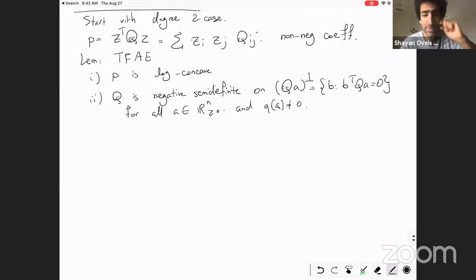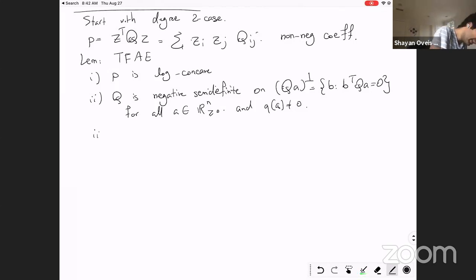So what does this mean? When I say negative semi-definite on this linear space, it means that for any vector you choose in this linear space, the corresponding quadratic form with respect to that vector is non-positive. So it's not negative semi-definite over the whole R^n, but it's negative semi-definite over this linear subspace.